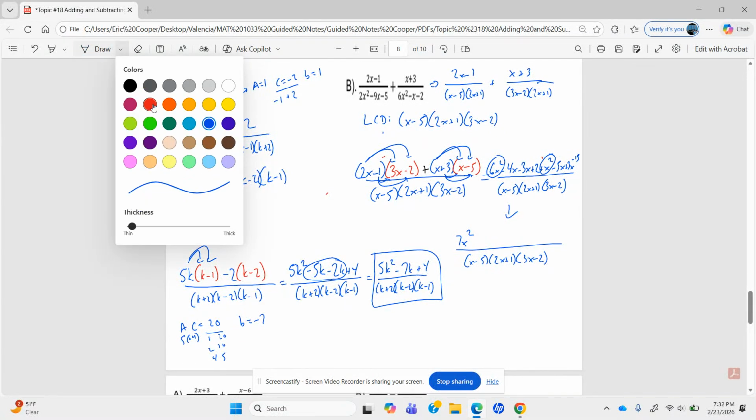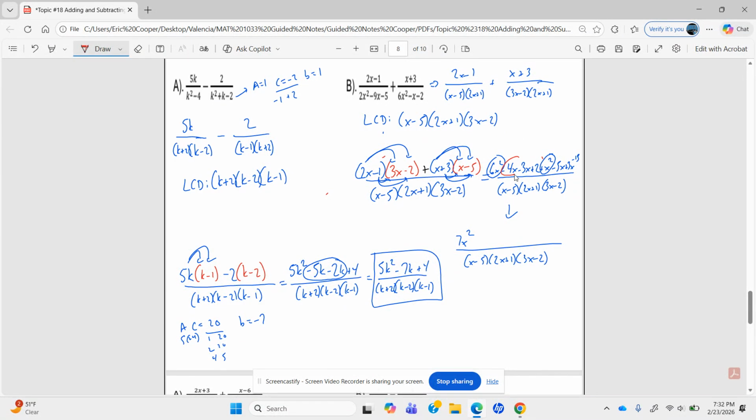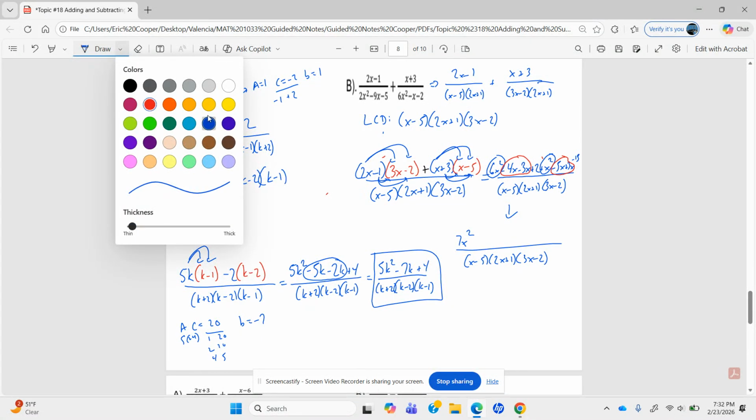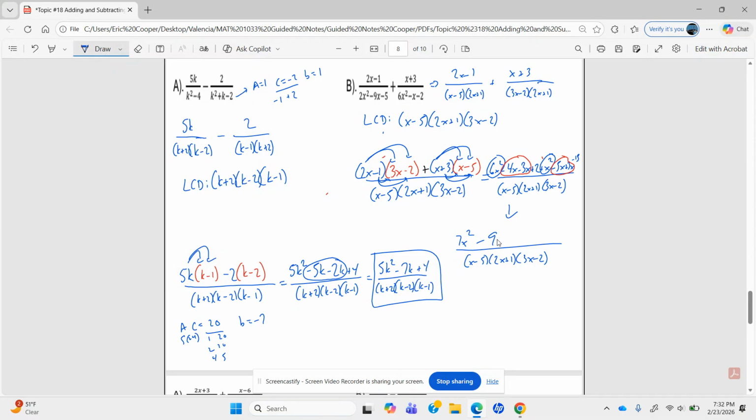For the variable with x, I've got negative 4x minus 3x minus 5x plus 3x. So negative 4 minus 3 is negative 7. Minus a 5 is negative 12. Plus 3, that will become a negative 9x. And then for my constants, I have 2 minus 15. 2 minus 15 gives me negative 13.